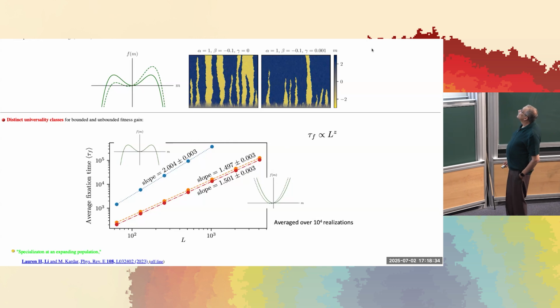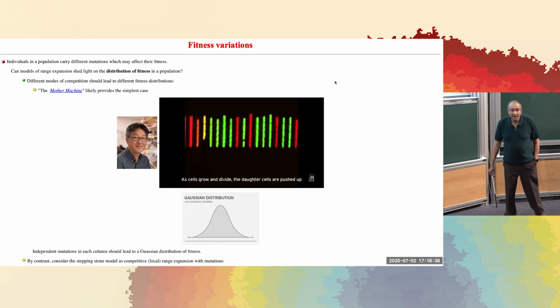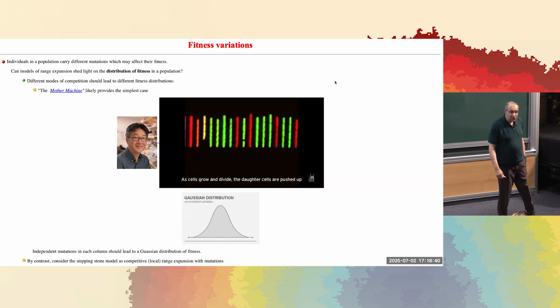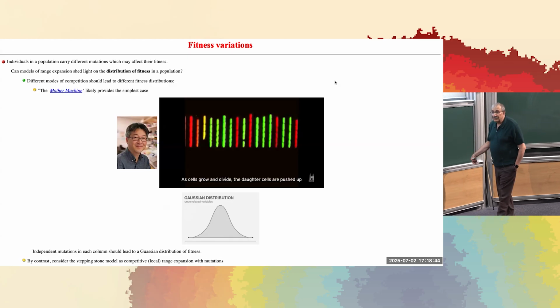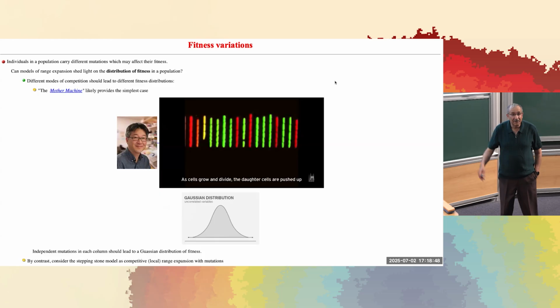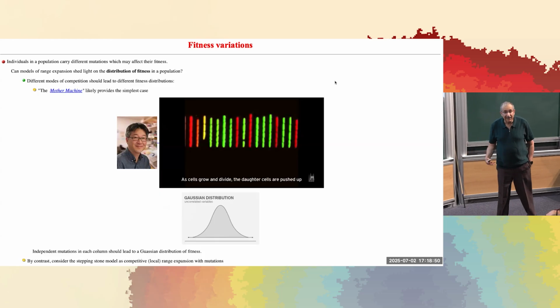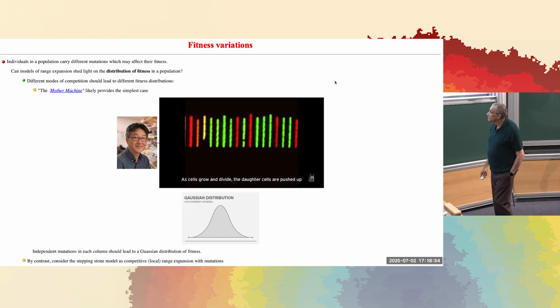So it seems like by looking at the distribution of fitness, we can potentially gain some information about what is going on in terms of the fitness landscape, whether it's bounded or unbounded or other things.